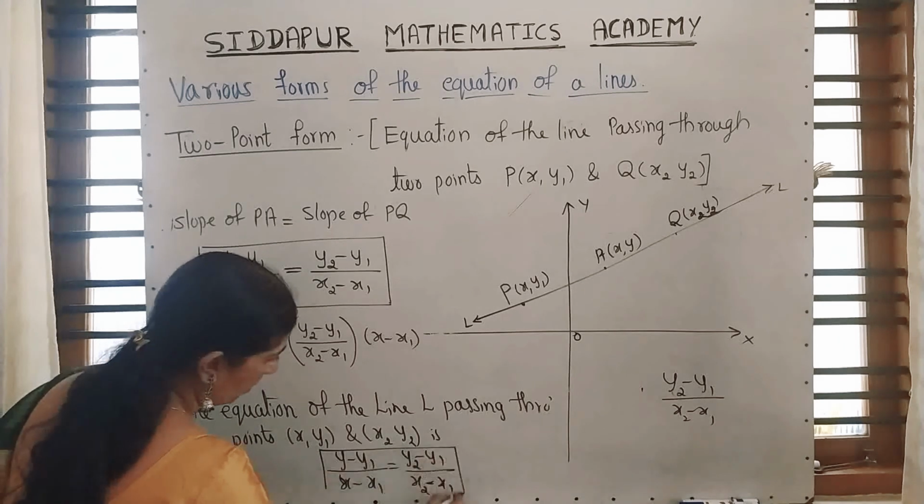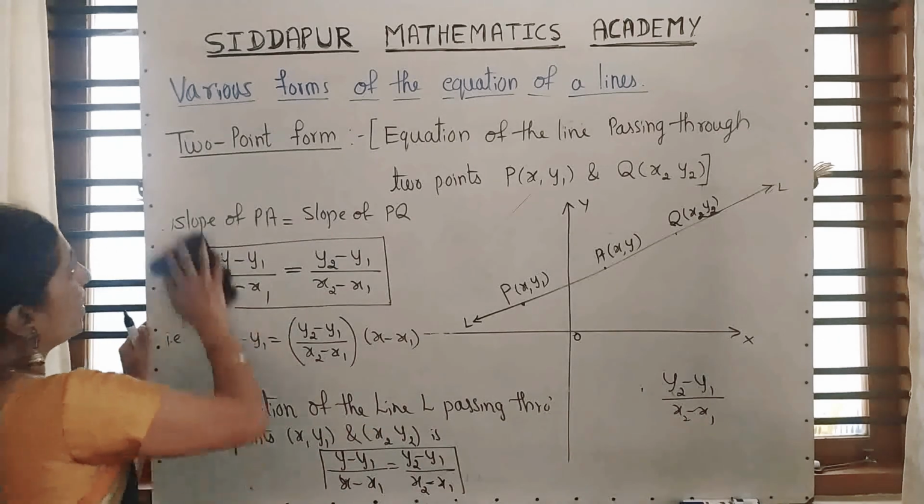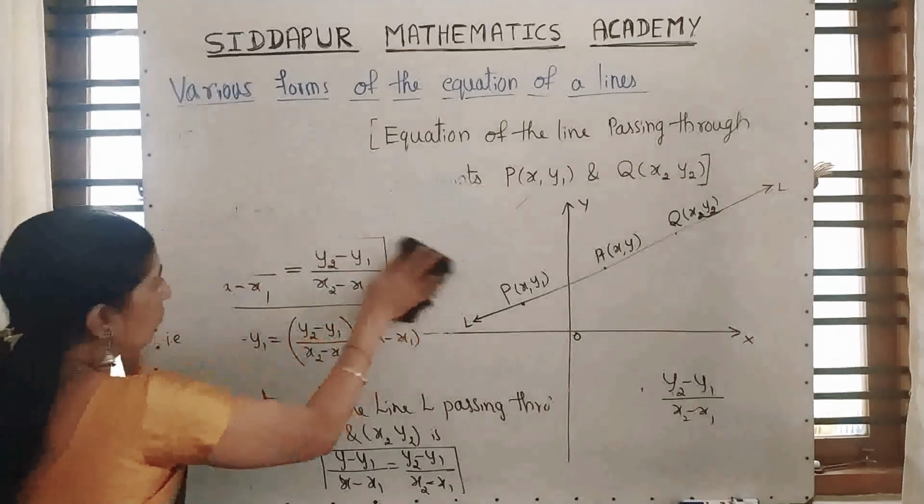Understood? This formula is called 2.4, equation of the line passing through 2 points.